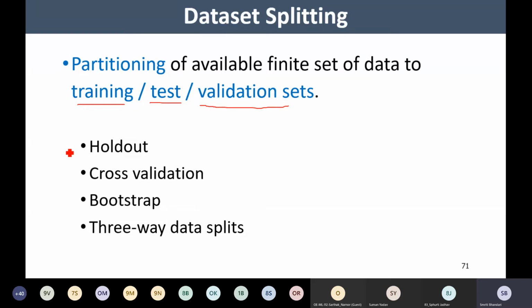We may have the holdout method, we may have cross validation, we may have the bootstrap, we may have three-way data splits, right?